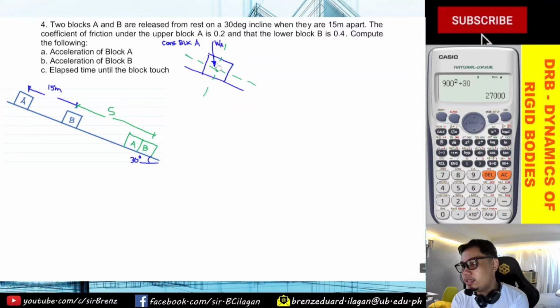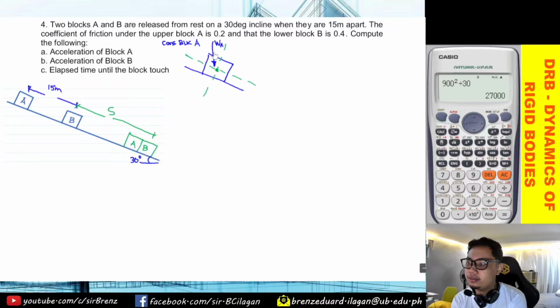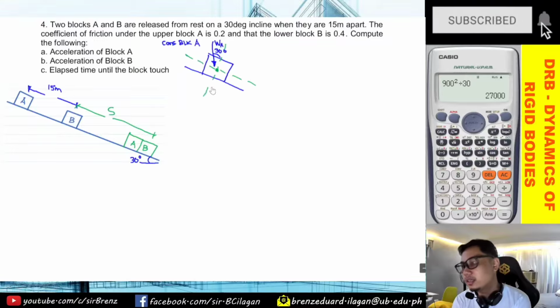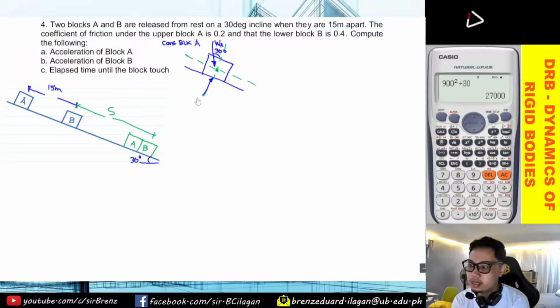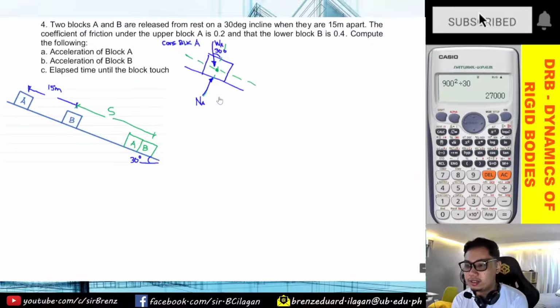This angle is 30 degrees, therefore this is also equal to 30 degrees. And knowing that this is weight, the normal force is always perpendicular to the surface, so I will call this NA, the normal force of block A.